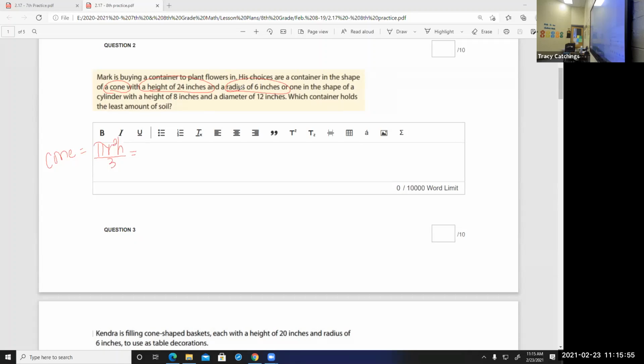All right. So we should have radius 6, height 24, 6 squared times 24.